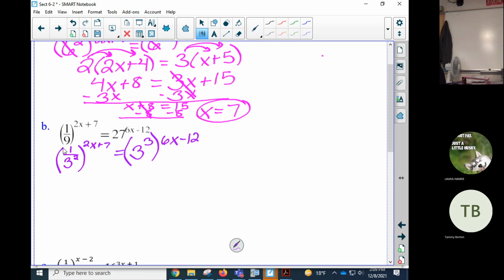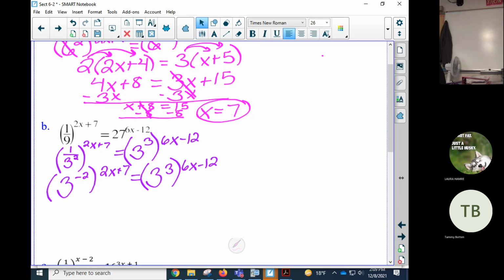So if this is 3 squared on the bottom and we want to move it to the top, do you guys get that it would be 3 to the negative second power? And then that is to the 2x plus 7. Okay, and now here I have 3 to the third to the 6x minus 12. Now I have both of them be 3's, so these are gone.